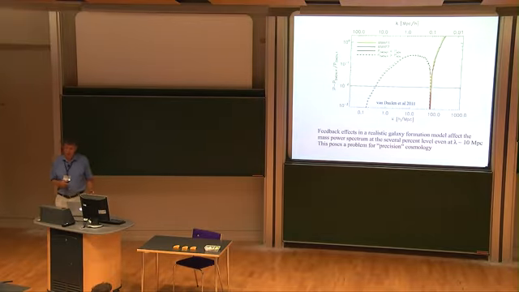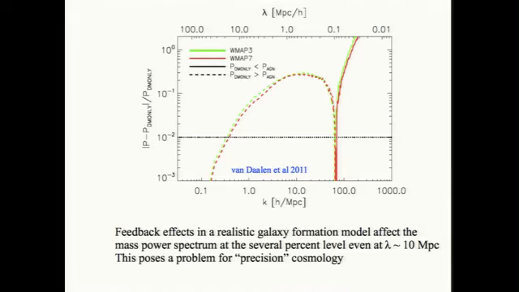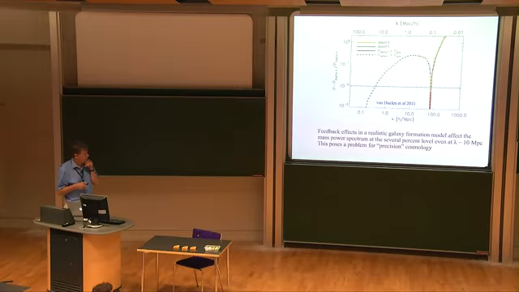And this is another example which is actually the same effect Ursh referred to. This is comparing the matter power spectrum in 2 simulations, one in which only the dark matter was followed, and the second in which there was now a direct simulation of all the galactic physics using hydrodynamics of the formation of the galaxies, but from the same initial conditions.